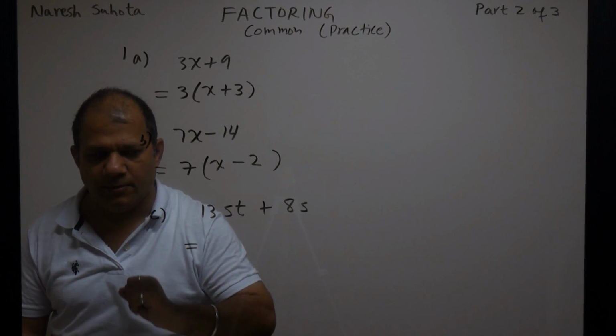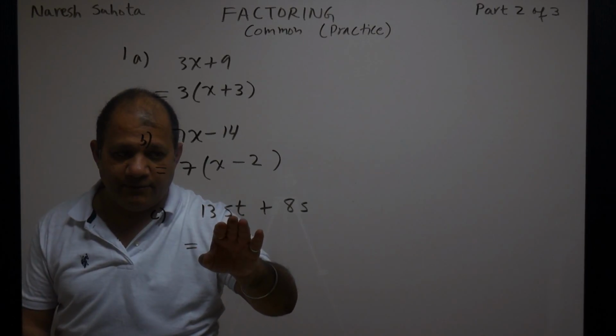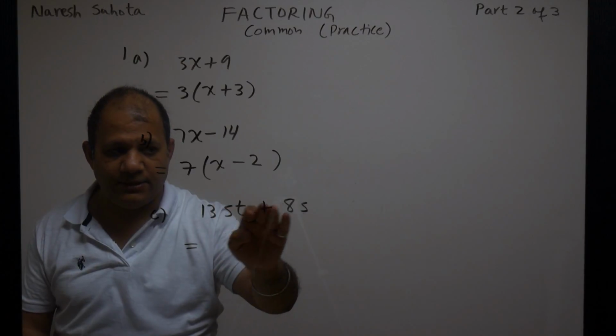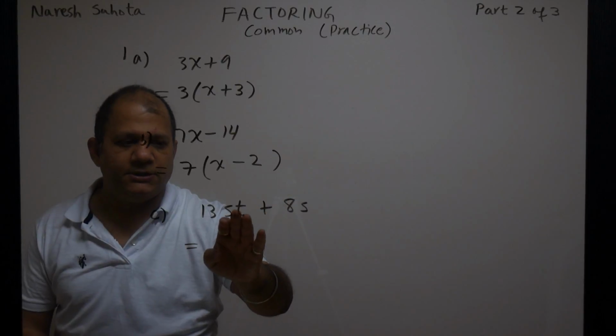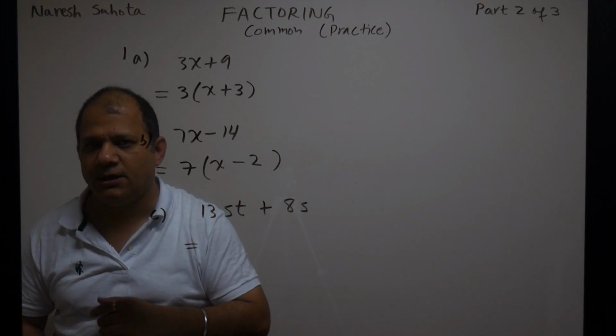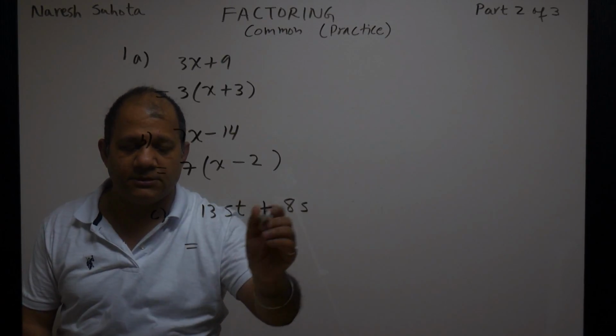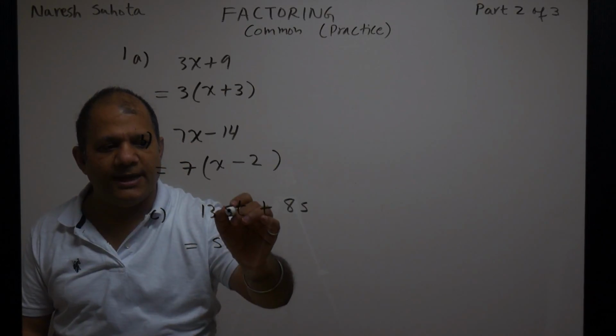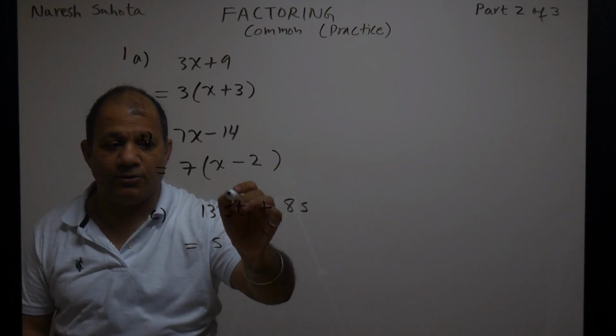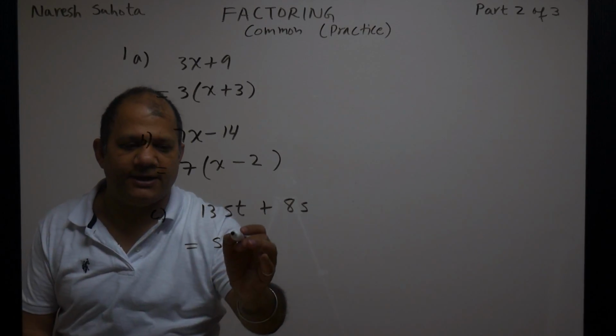So a number is not common. Let's look at the variables. s appears in both, so s is common, and then we'll figure out the exponent. t doesn't appear in both terms, so t is not common. The only variable that's common is s. Both s's have the same exponent of 1, so that's all that we can factor.